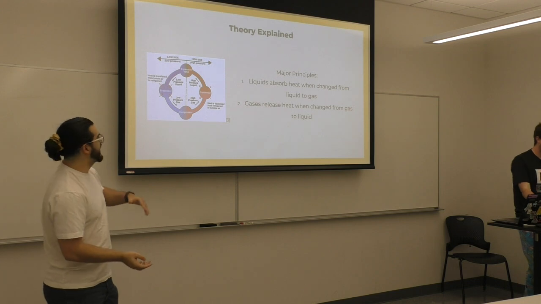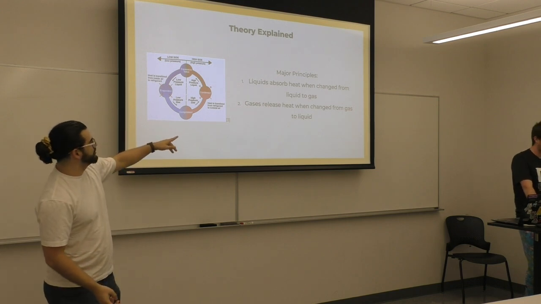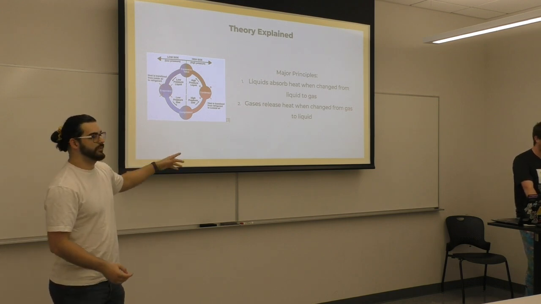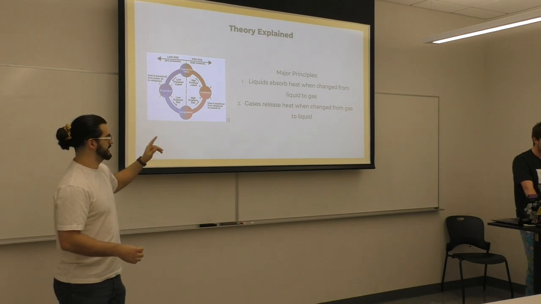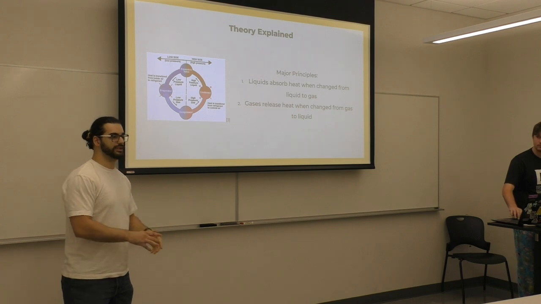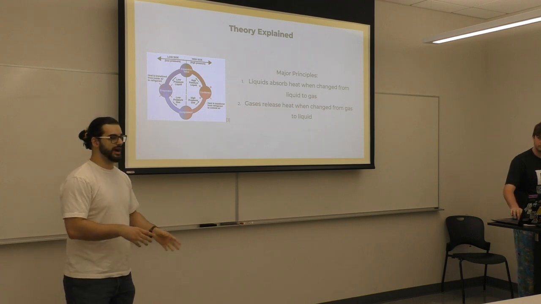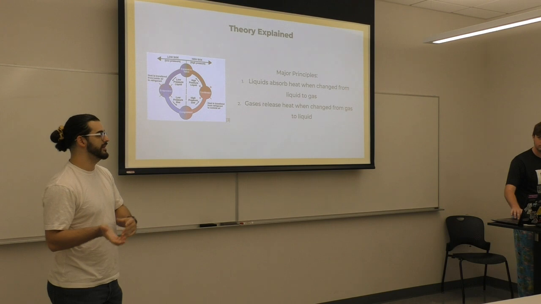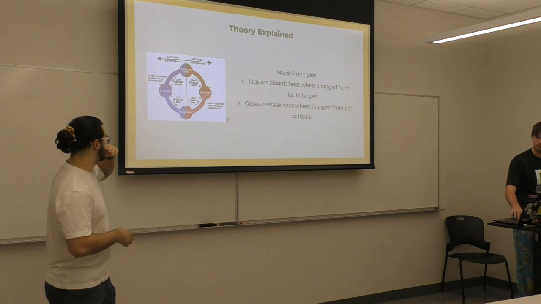So to avoid that, you want to understand your major principles: liquids absorb heat when changed from liquid to gas, and gases release heat when changed from gas to liquid. And so by using those physical principles, you're able to not break the laws of thermodynamics, but use them to your advantage through this cycle.